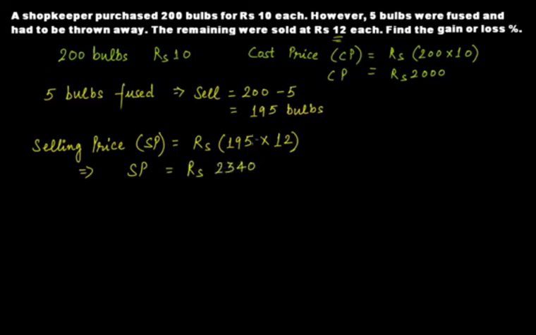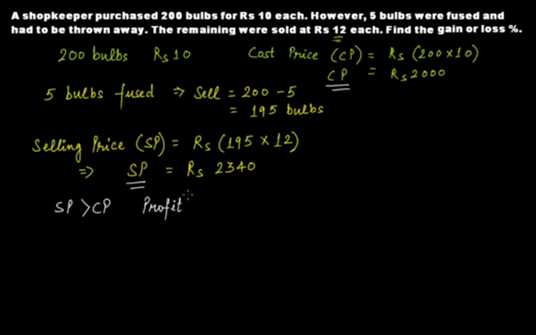Now clearly the selling price is greater than the cost price because it is 2340 and the cost price is rupees 2000. It means that you are making a profit. But you have to calculate the profit percentage, right?